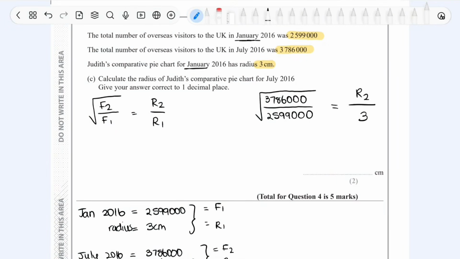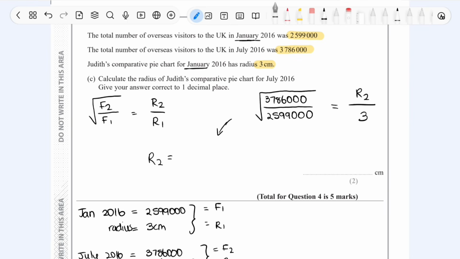And so now we can kind of use this in order to help us find R2, which will be the radius of July 2016. So it's just a bit of rearrangement here. I'm going to bring it to this space here so it's much easier to see. So R2 should equal, and if you've imagined this bit is dividing, you're multiplying by the 3 in order to eliminate it. So we'd have 3 lots of the square root of all of this.